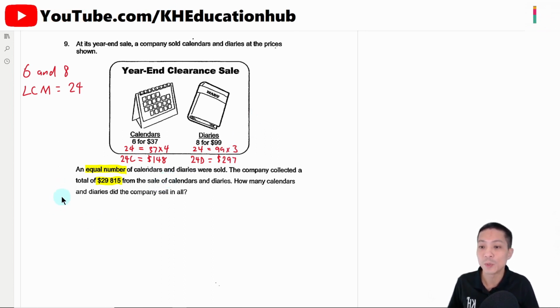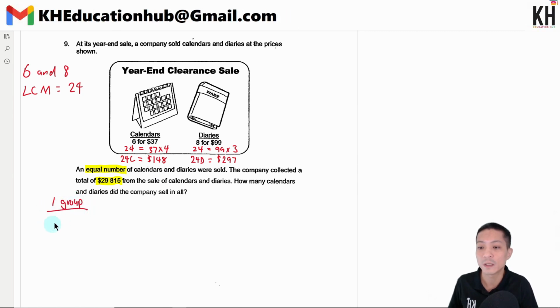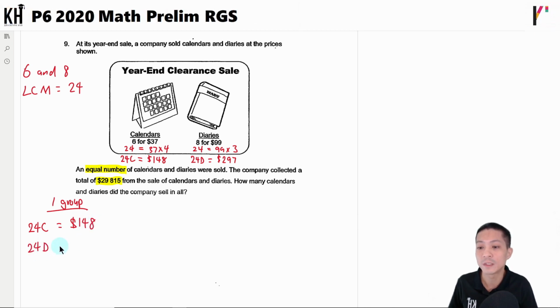Okay, so now we're gonna use the grouping method, which is we're gonna treat one group as 24 calendars, which is the 148, and 24 diaries, which is the 297.